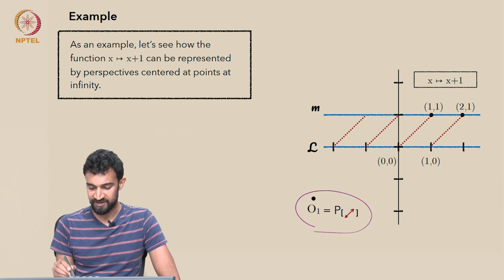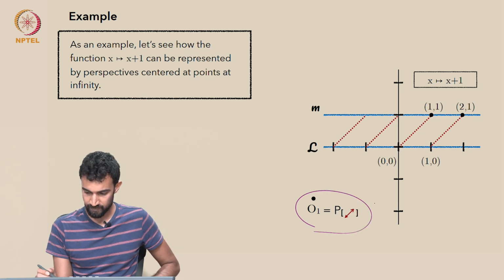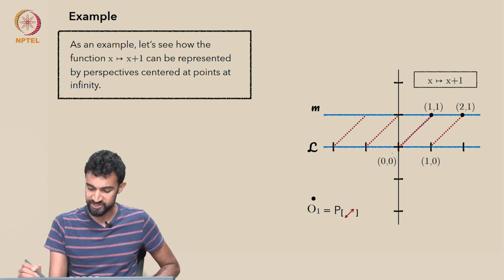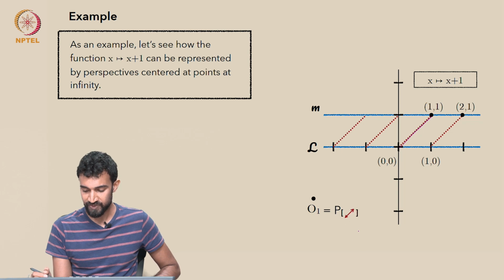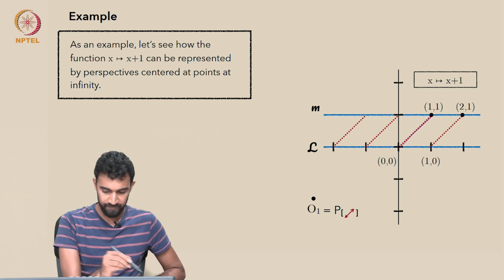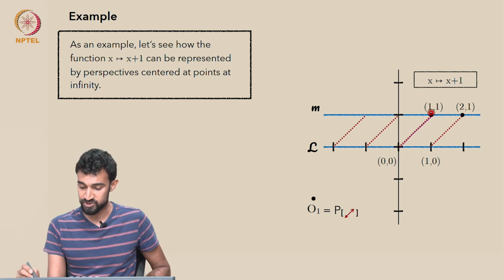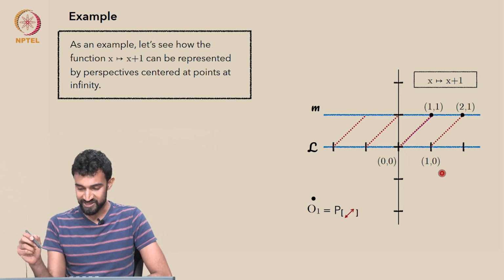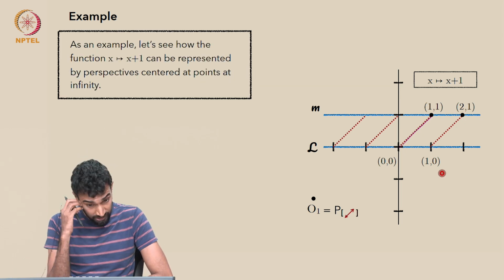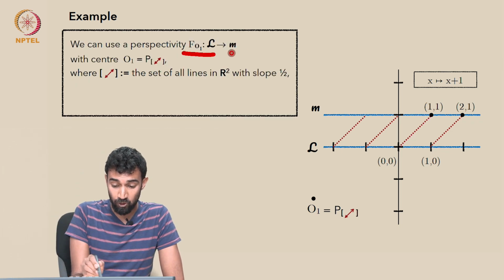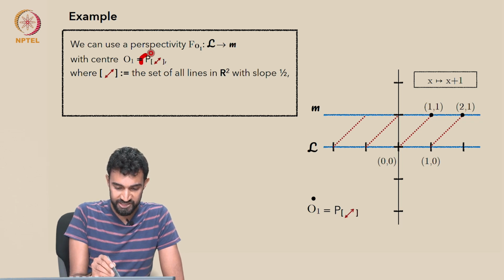Let's take this point at infinity here, and through parallel projection, along this slope 1 line, I'm sending (0, 0) to (1, 1), (1, 0) to (2, 1). So as a perspectivity, this is F_O1 from L to M with center O1 equal to this point at infinity.